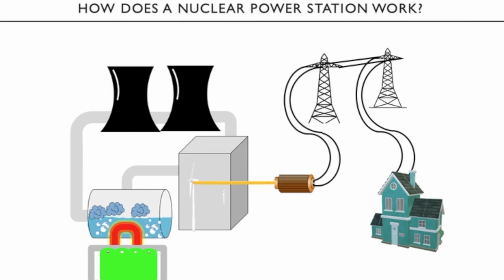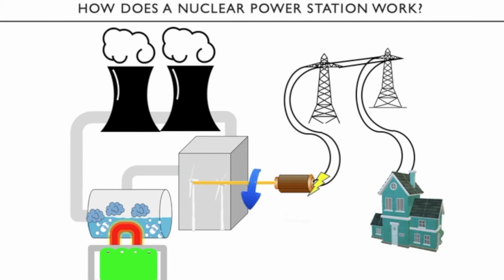The water will turn to steam. The steam will turn the turbines, which will turn the generator, which will make electricity, and then that will power our homes. Okay, so it's a similar process apart from the very start where it's nuclear fission instead of combustion that is causing the heat in the first place.